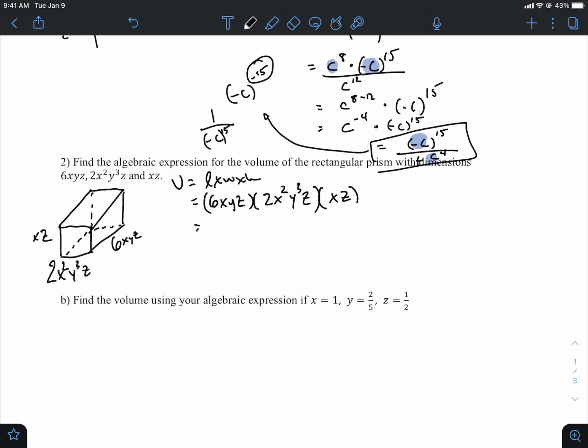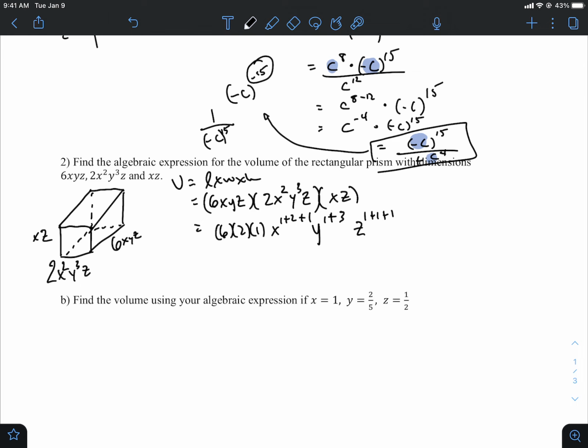Okay, and now you could say, I'm going to get 6 times 2 times 1, x to the 1 plus 2 plus 1, y to the 1 plus 3, and z to the 1 plus 1 plus 1.